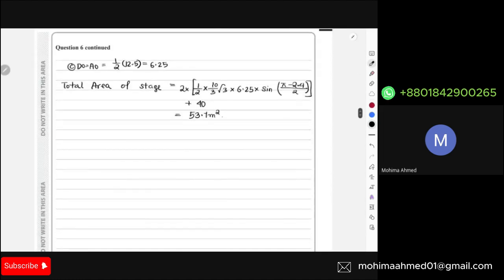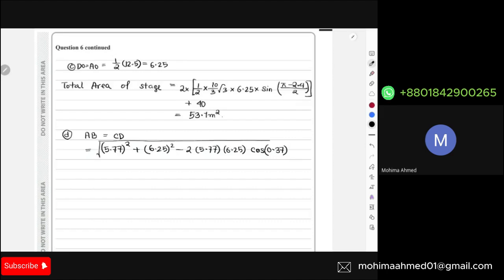So first, for part D, in order to find either AB or CD, I have to use the cosine rule, which is 5.77 whole square plus, what was the other length, 6.25 whole square minus 2 times 5.77 and 6.25 cos 0.37, then again everything will be inside a square root.